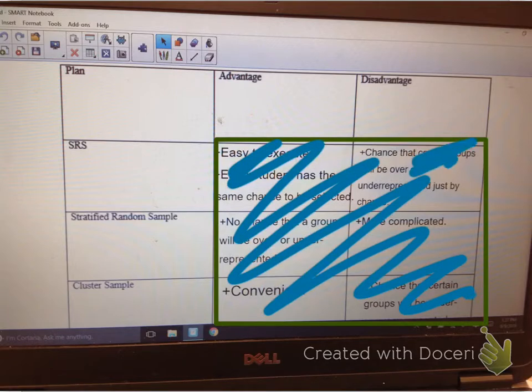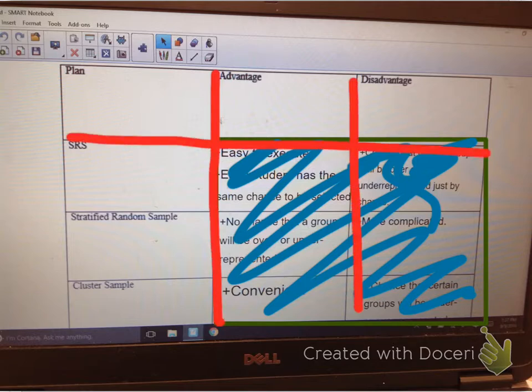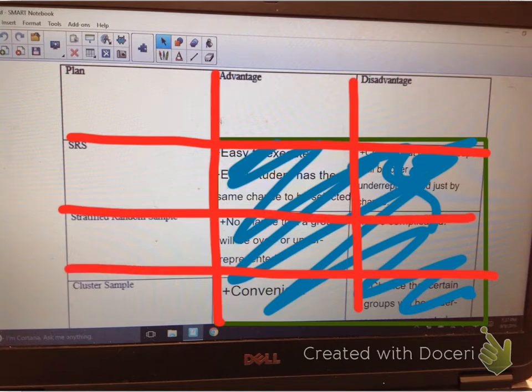Now I know some of you might pause it, but I want you to make a chart that's going to be, let's see, 3 columns by 4 rows. And in the first column, now I'm going to erase this red here because you can't see it, is the type of sampling method.